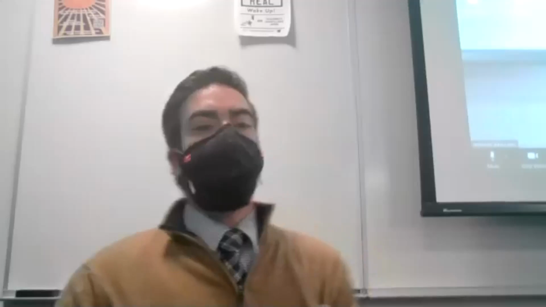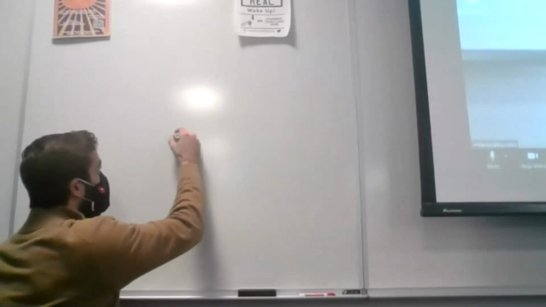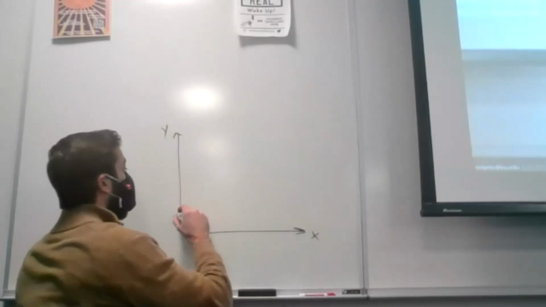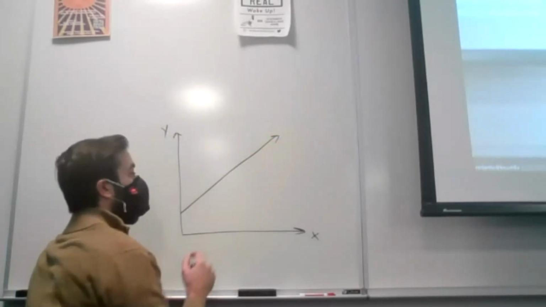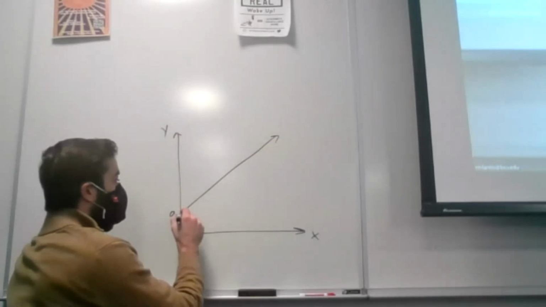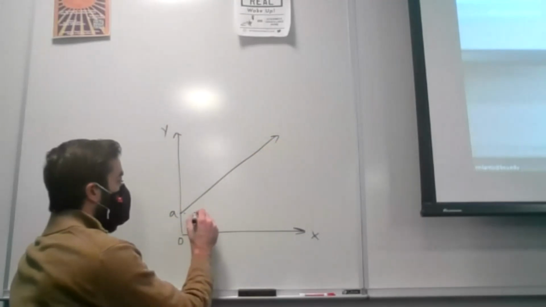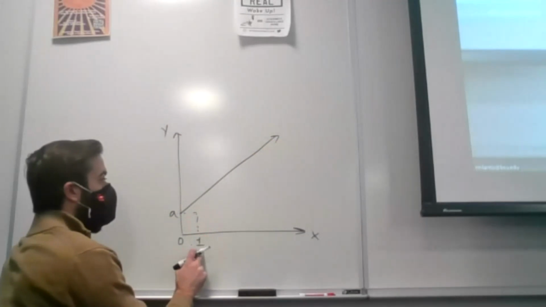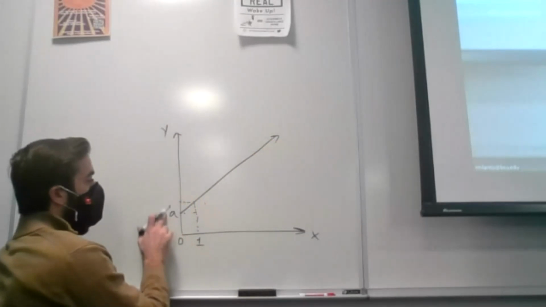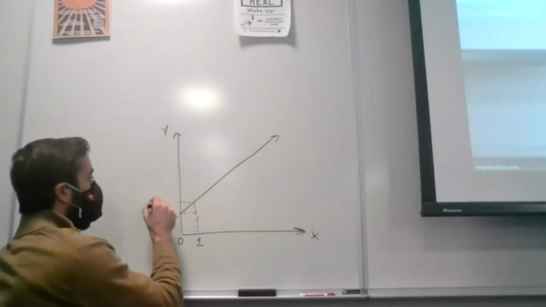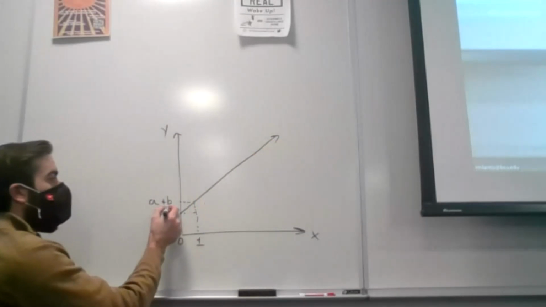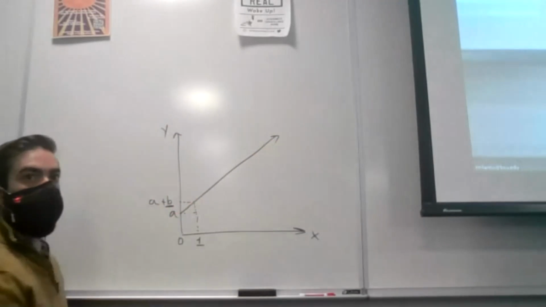Let's say I've got this line of best fit. Here's the intercept. If I go over 1 unit, X goes up by 1, how much the Y value goes up, looking at that first unit, 0 to 1, is whatever the slope of that line is.